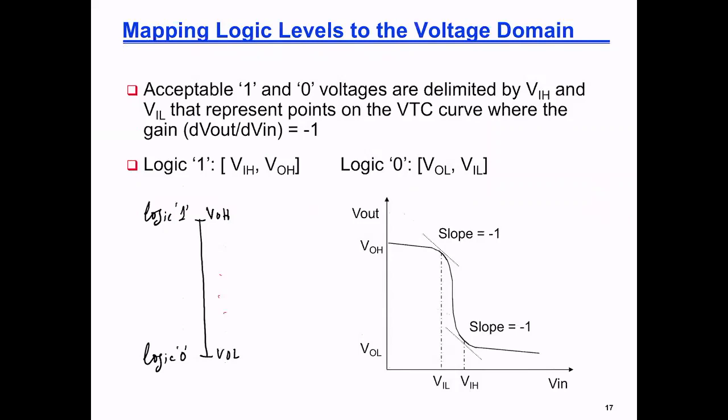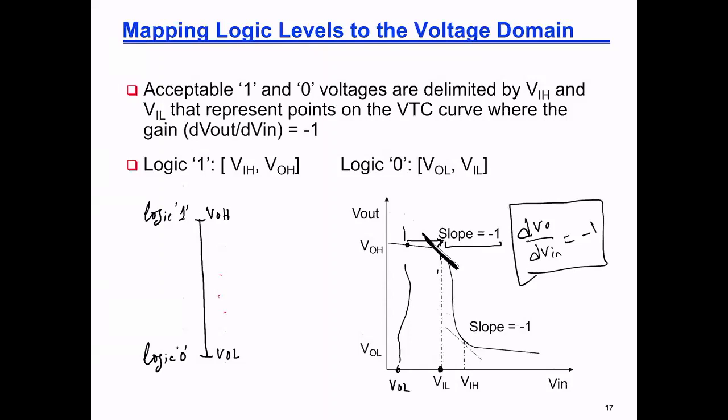Okay, but in reality, I want to define some noise margins. Yani not only when my input is VOL can I operate, probably my circuit can operate with some margin. And in practice, as we have learned in 310 and 311, once I hit the high gain region, once the slope of the voltage transfer characteristics becomes -1, at this point, when dVo by dVin equals -1, this is where I declare the limit to my logic 0 operation.